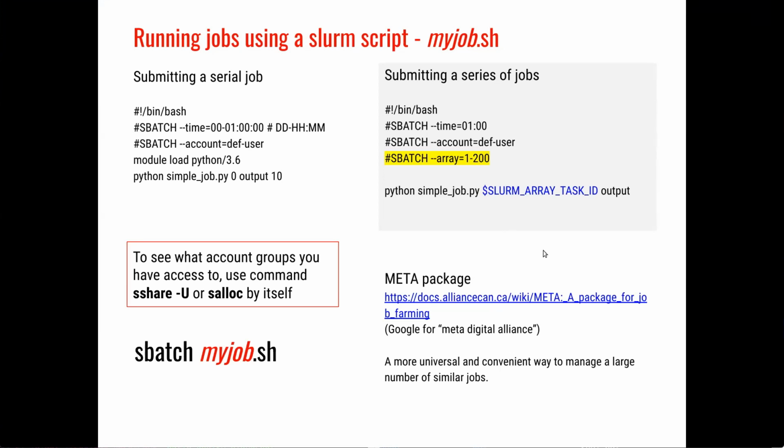And this is the way of running a bunch of jobs at once. Instead of running a job submission script 200 times as on the left, here we just do it in one shot, and we specify in this job submission script the 200 cases, and then we can run them.